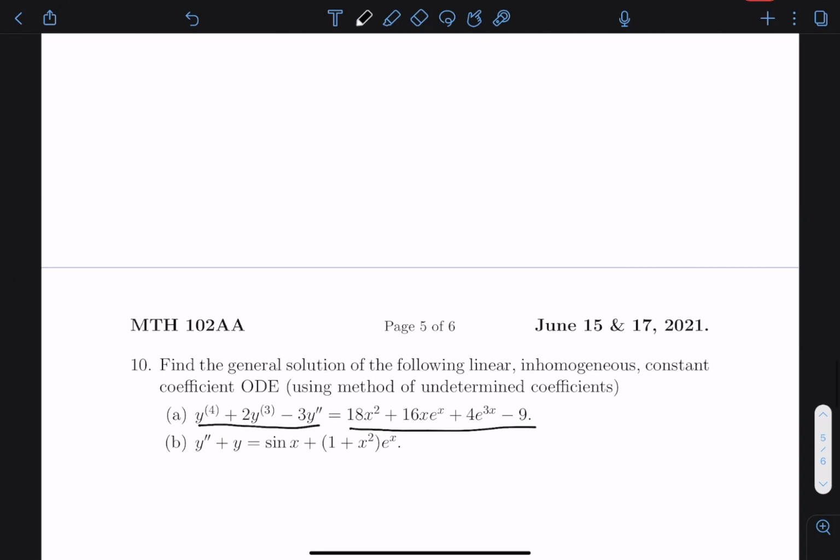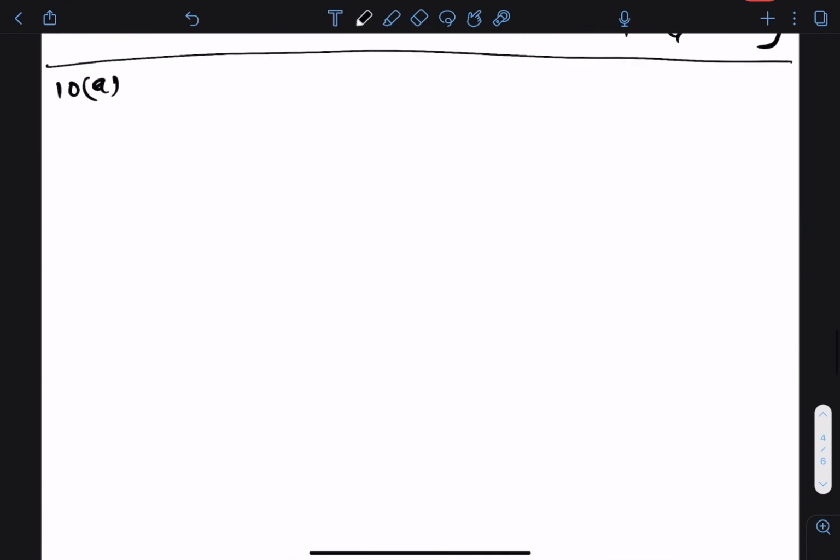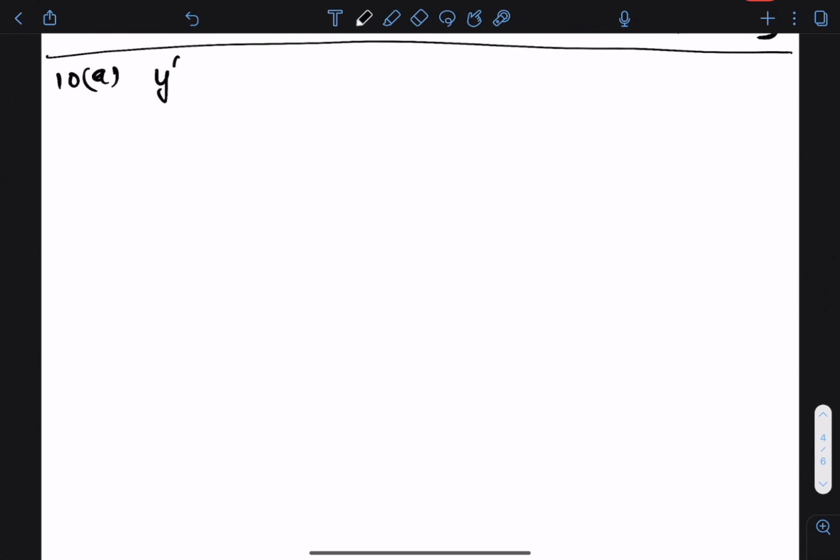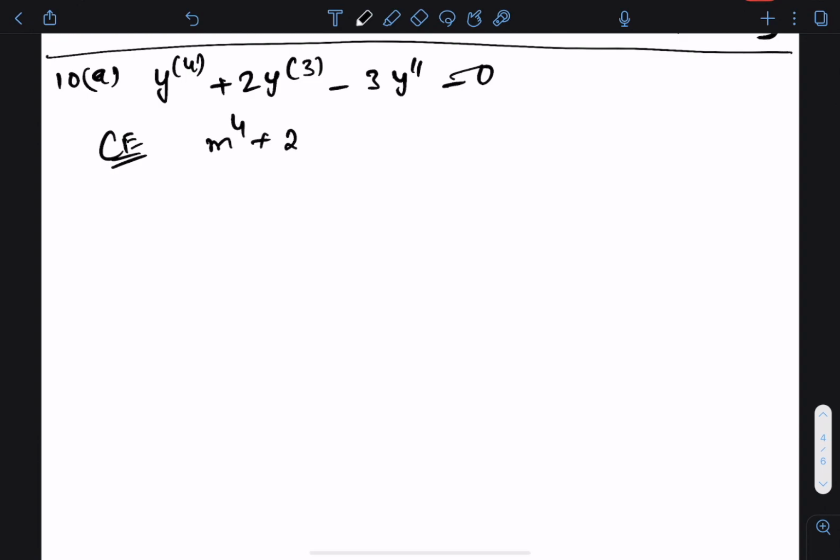Let's look at the homogeneous problem corresponding to this: y power 4 plus 2y third derivative minus 3y double prime equal to 0. The corresponding characteristic equation will be m power 4 plus 2m cube minus 3m square equal to 0.